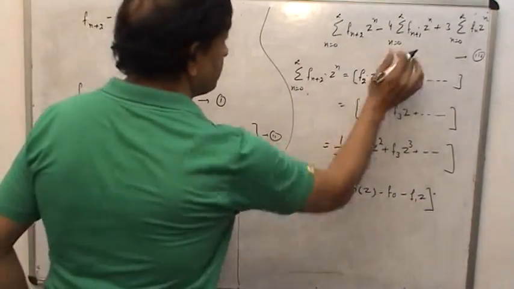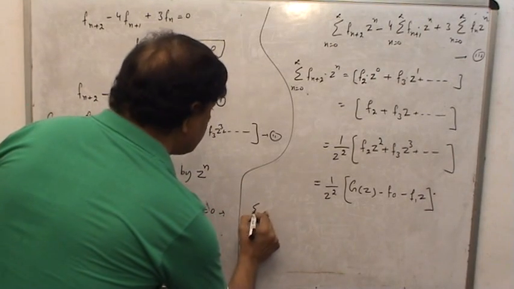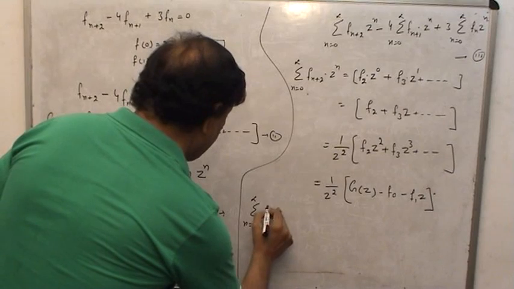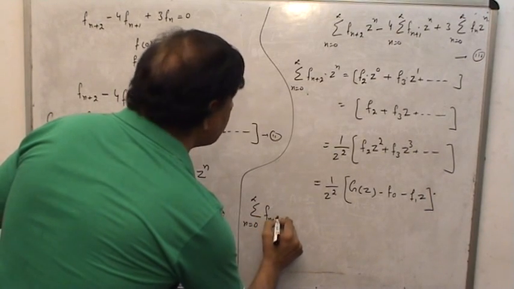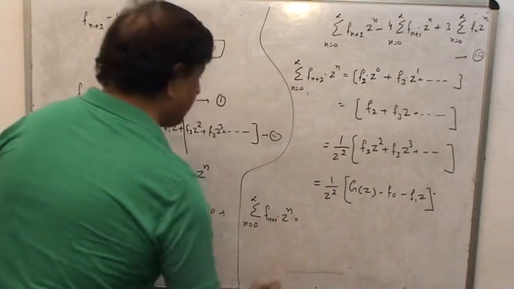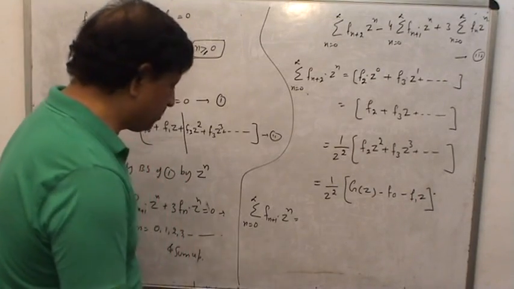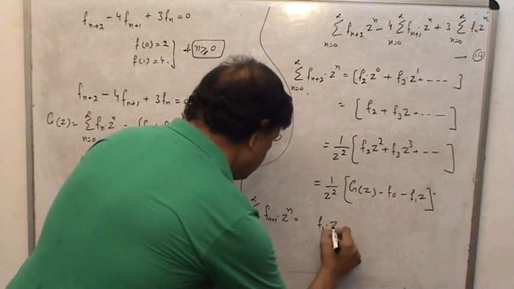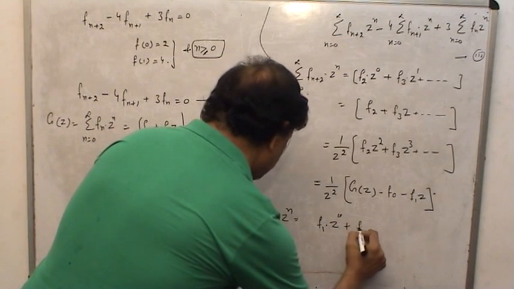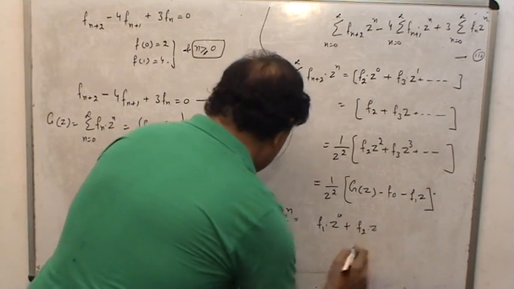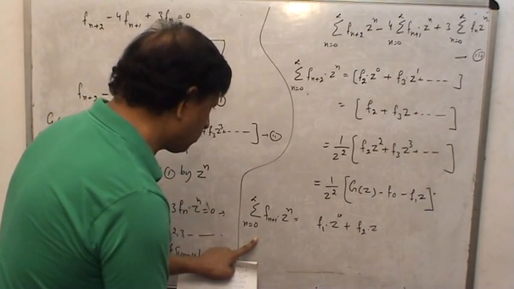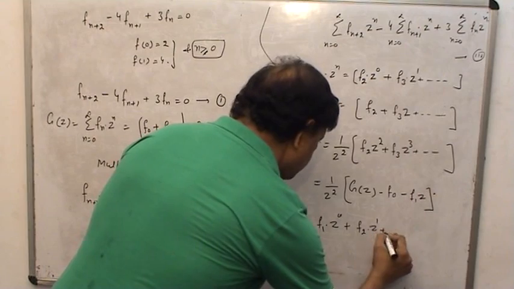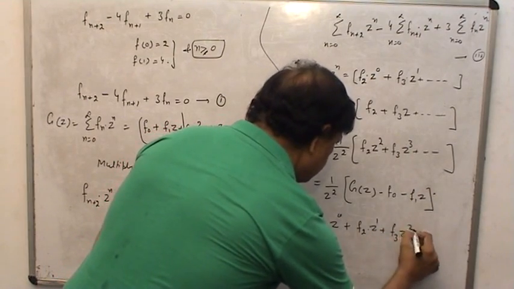Similarly, in the second term, sigma n varies from 0 to infinity f(n+1) z raised to the power n, putting n is equal to 0, we get f1 z raised to the power 0, plus f2 z, plus f3 z square.